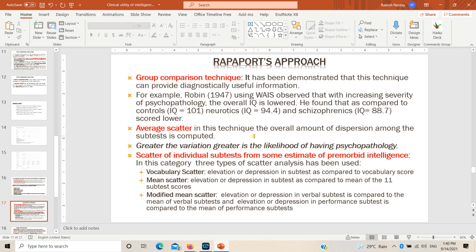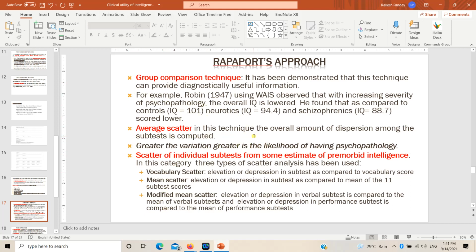She might have scored high and very high on some tests and low and very low on others. But when the average scatter as indicated by standard deviation or average deviation is low, it means the client has performed almost equally well on all the subtests.